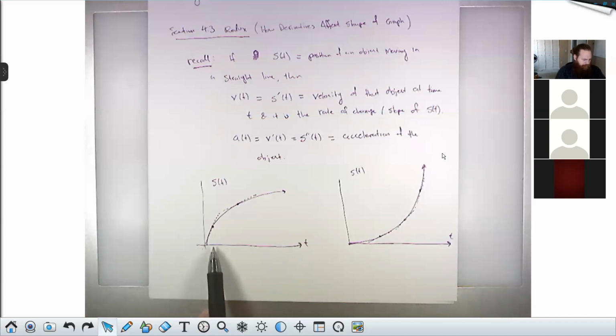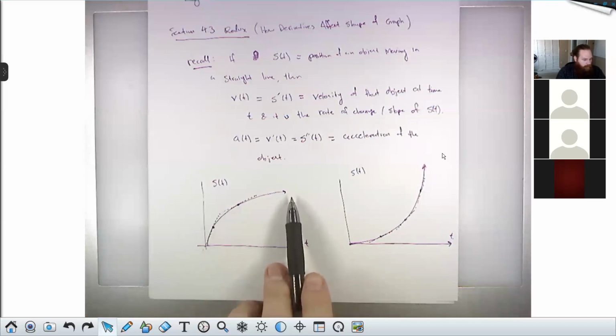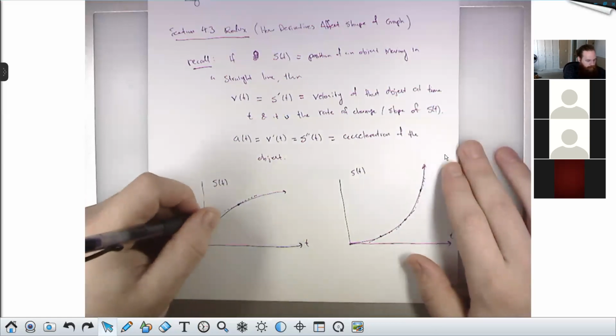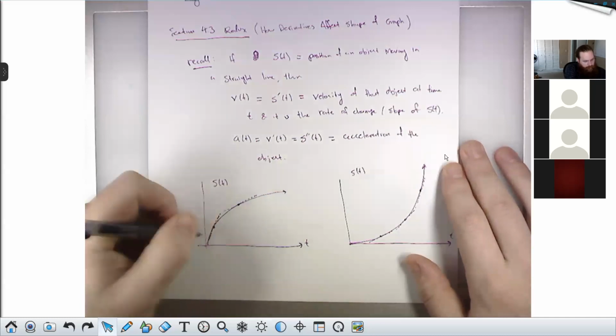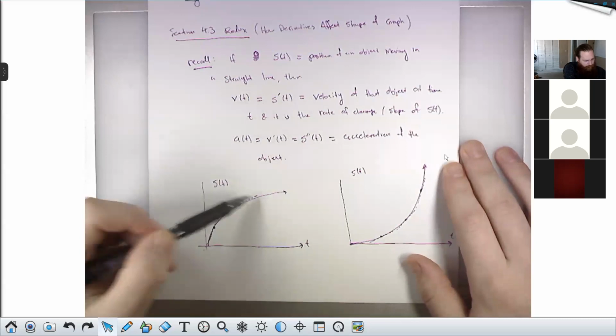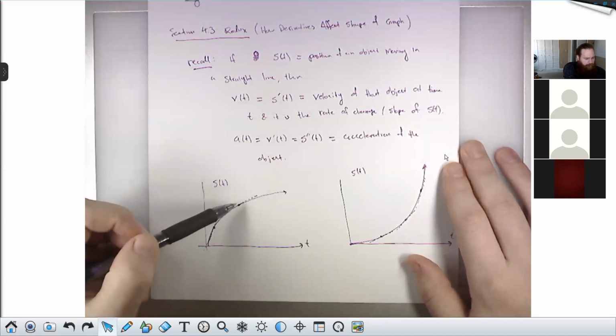Here, in this first function, my velocities are all positive, right? Right here, the slope of this guy is positive. And remember the slope of the tangent line, that is the derivative. Here, this guy also positive.